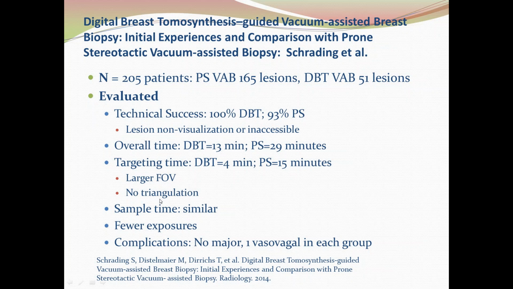You're not triangulating as you do with a stereotactic biopsy. It's actually a real measurement of your z-axis. The sampling time of the lesion, as we talked about, because it's the exact same equipment, was the same. Fewer exposures, and I'll show you why that is. And in their study, there were no major complications, and they had vasovagal reactions in both of the groups.